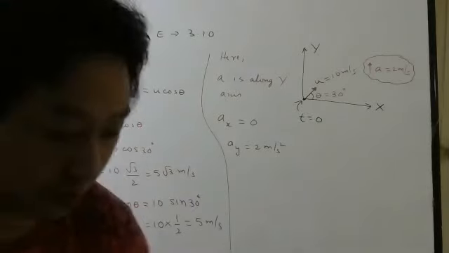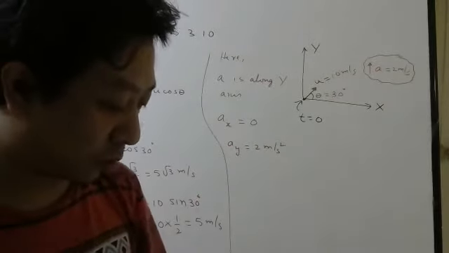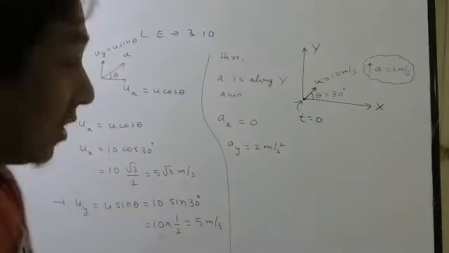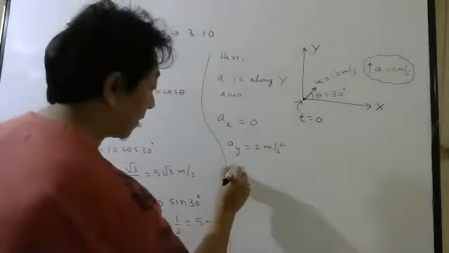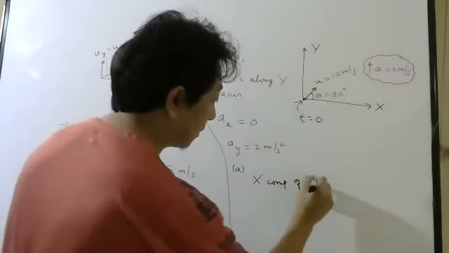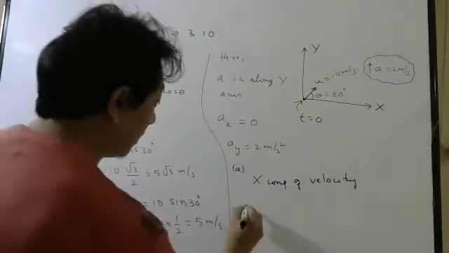Okay. Now what is the first question we have to find? X and y components of velocity after 2 seconds. After 2 seconds means final velocity. So first let us find x component of velocity. That will be Vx. Final, no?